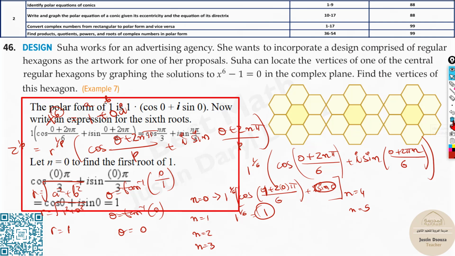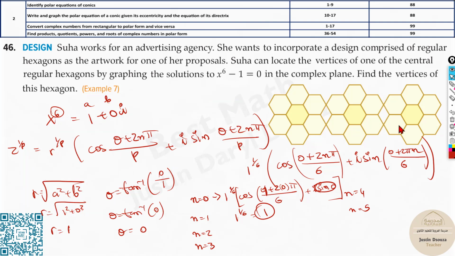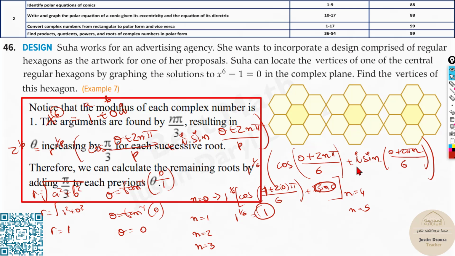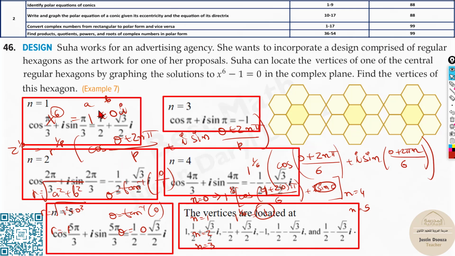What I mean by reduced form is, see here, can you see this is 0? It doesn't change. Why? Because theta is 0 itself. Now what we have is 2n pi, which can be written as 1 by 3 pi n. So then we can just keep on changing 1 by 3 pi. They have just simplified it.